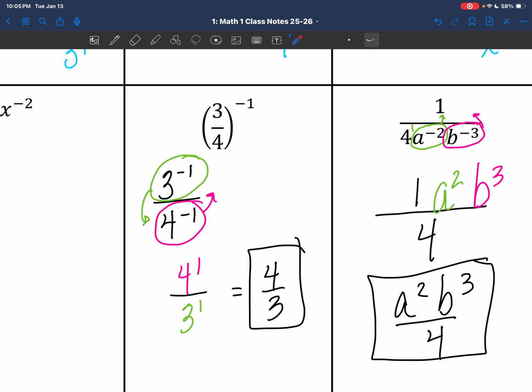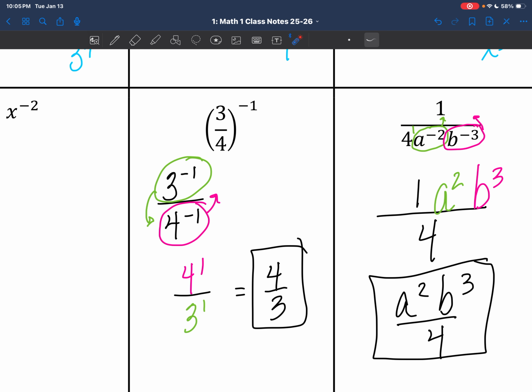Now, we're going to keep going, but we've got a little change to it. When you think of this, again, remember, if there is no exponent, you're going to write a 1 there. And then you're going to take the power rule, and you're going to make this -1. We're multiplying it here, and you're going to get a negative 1.